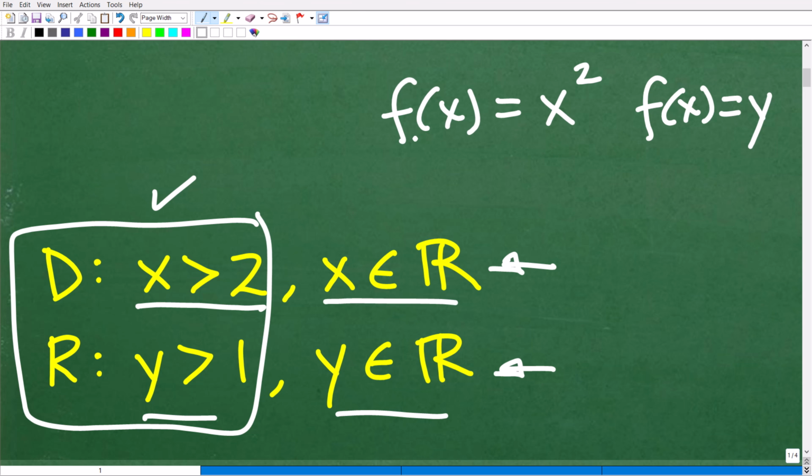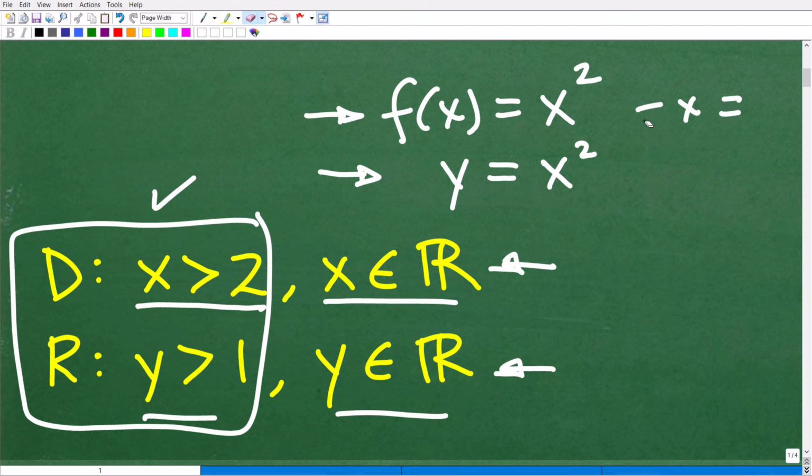If you're looking at this as a quadratic function, it definitely is. This would be its respective quadratic equation: y equals x squared. So f of x equals y, and I can change out this f of x and put a y right there. Again, this is a quadratic equation, and this is a quadratic function.